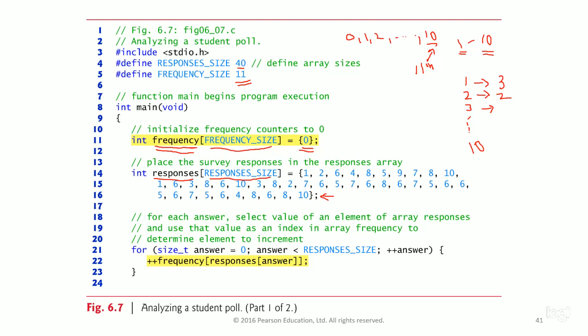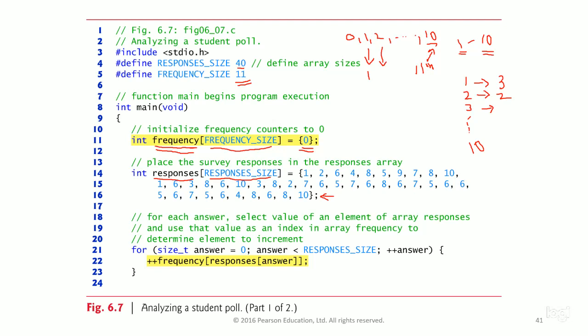You store the counts of each number inside the index of this frequency array. So index number 1 will contain the count of number 1, how many times number 1 occurred.